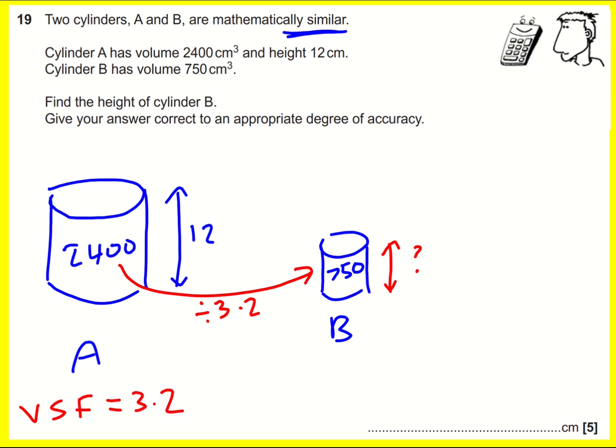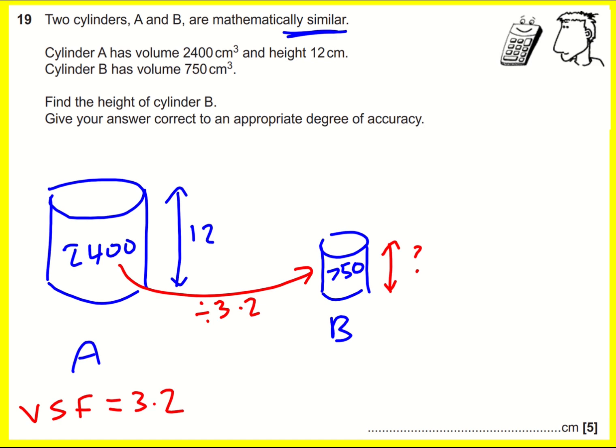But it does not mean that I divide 12 by 3.2 to get the height, because I've got to think about the fact that the height, the radius, they're both going to be decreasing when I go from here to here.